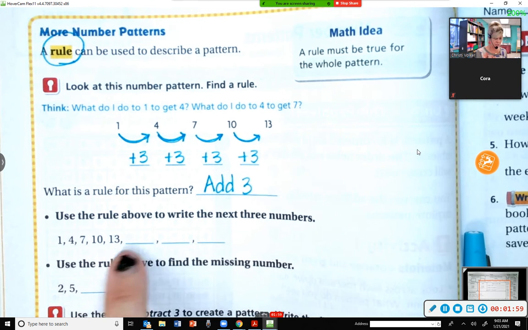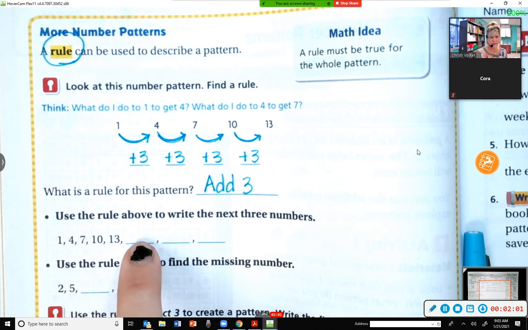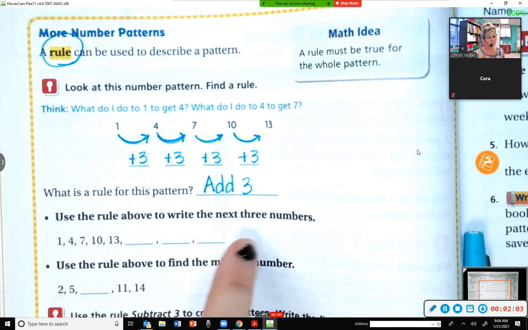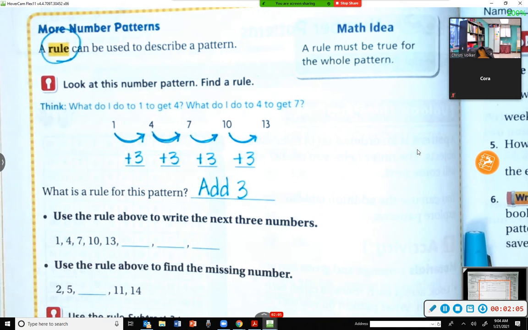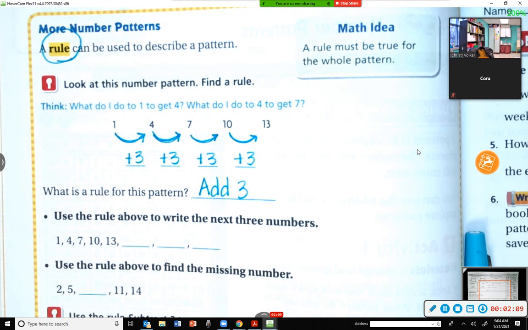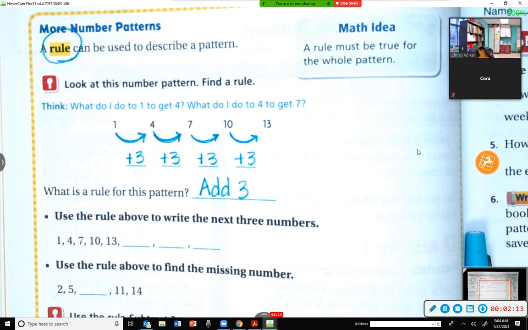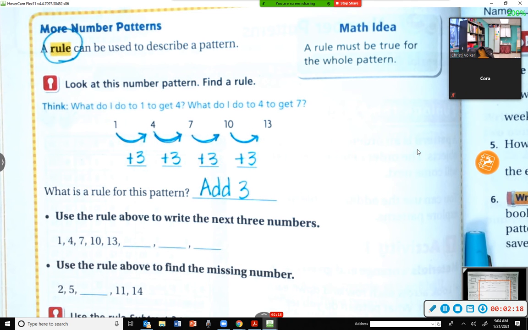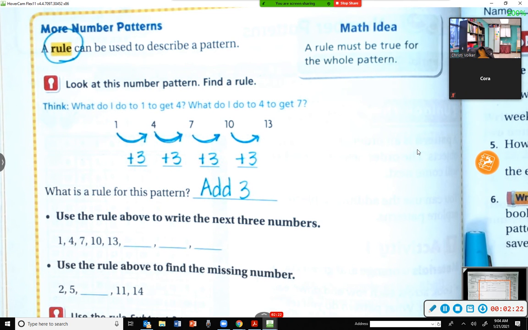Okay, now see if you can do this part right here. Use the rule above to write the next 3 numbers. So see what comes next. Okay, did y'all get it?